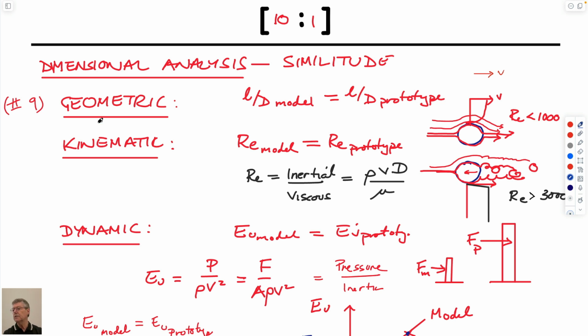And so it just means that we put a plane in the wind tunnel, and it has to be exact in form in every single dimension. You shrink everything down so that the ratios of the lengths of the model are some fraction of the ratios of the lengths of the real system, the prototype.